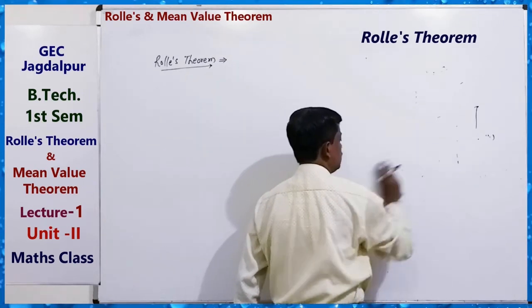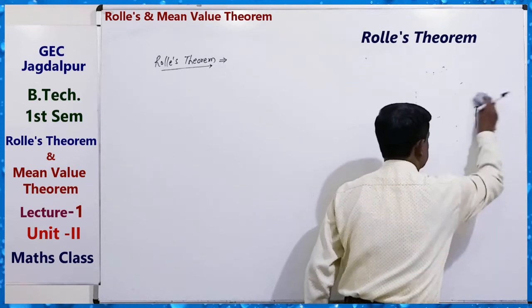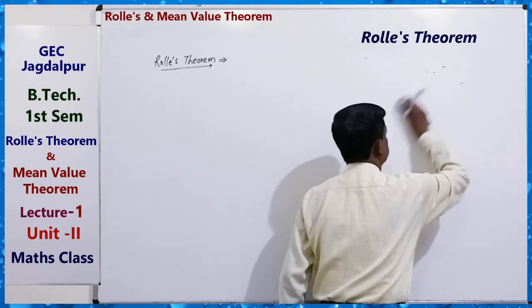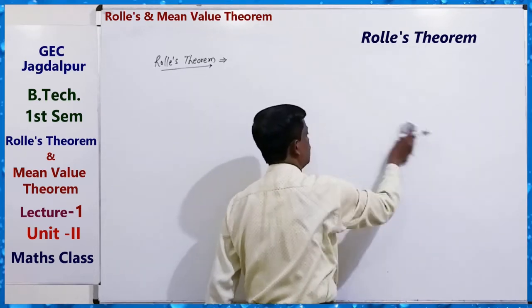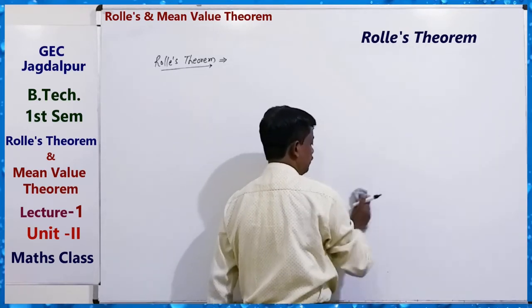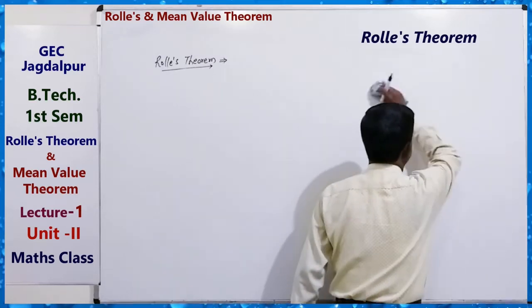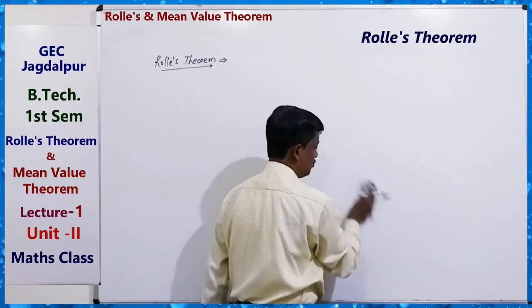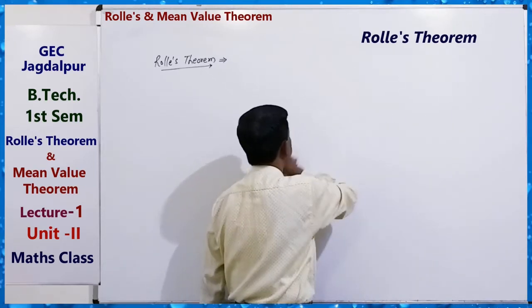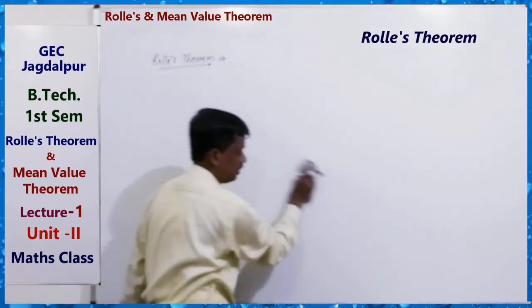Verifying Rolle's theorem means first discussing the satisfaction of the three conditions for a function in the interval, and then finding the value of x by taking f'(x) equals 0, and one of the values must lie between a and b.